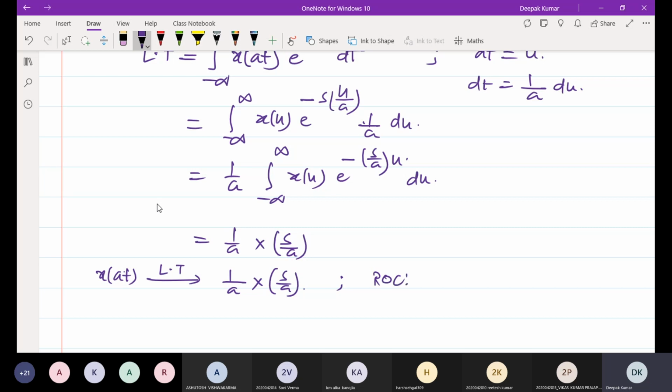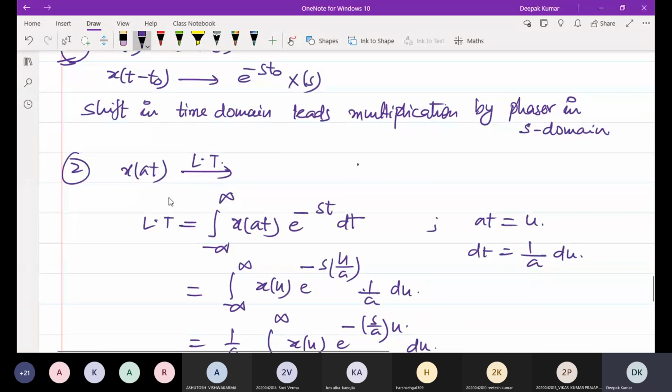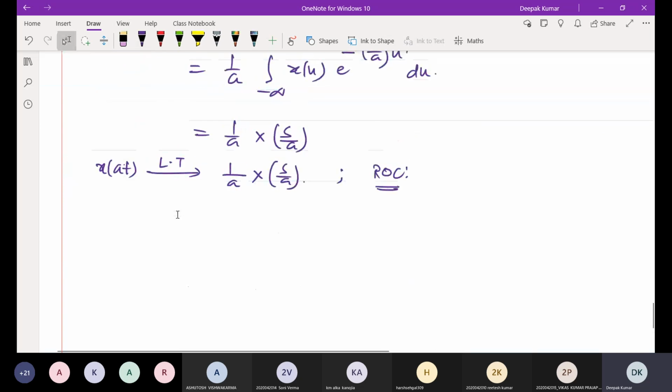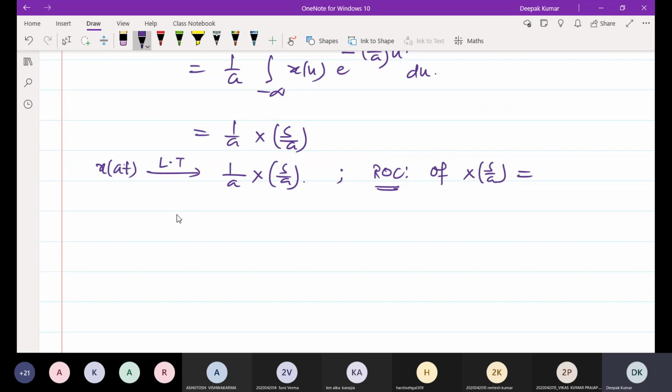And what about ROC? Here ROC will be different because time is scaled. If the ROC of x of s is R, then if you substitute s with s by a, the ROC of x of s by a will become a into R.